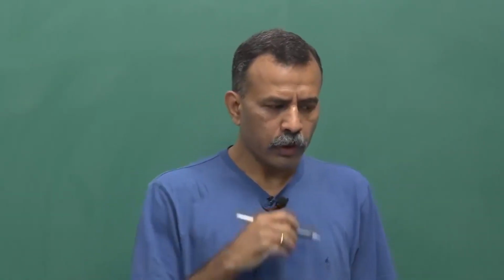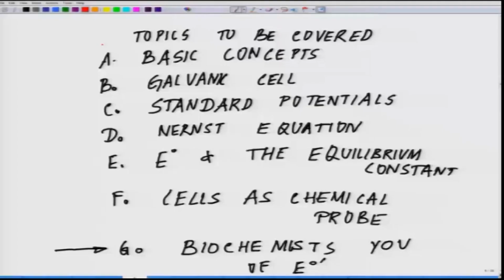Okay. Now, just a little recap of where we are. We are starting now with the basic concepts. Part of the basic concepts we have actually started, but now we will rehash where we left off in the last class.